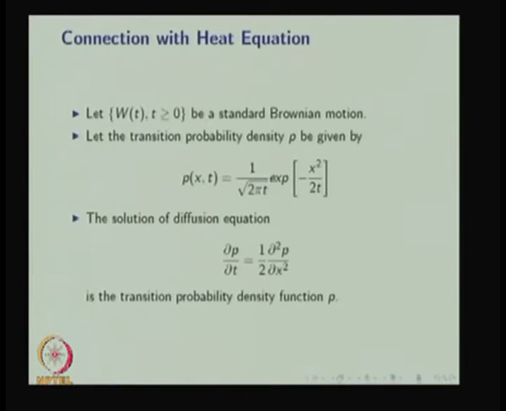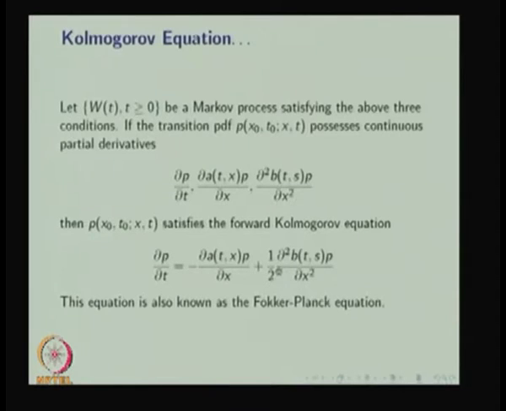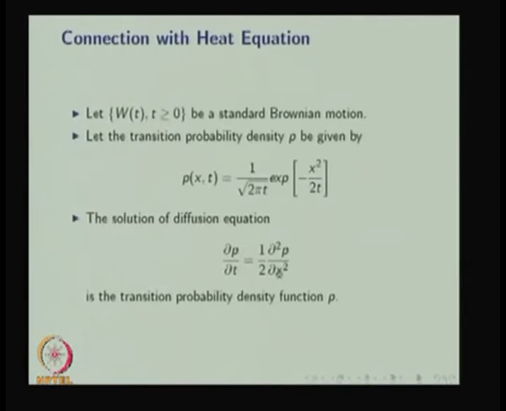If you solve the PDE given here for the standard Brownian motion, where standard means W0 is equal to 0, mu is equal to 0, and sigma square is 1 in the definition of a Brownian motion, then you will get the transition probability density function P is 1 divided by square root of 2 times pi t, exponential of minus x square by 2 times t.